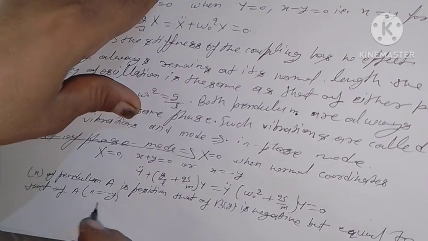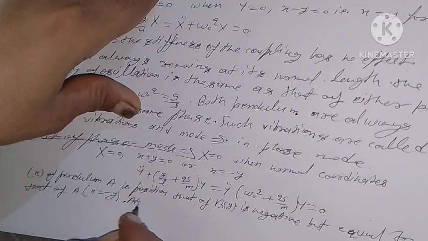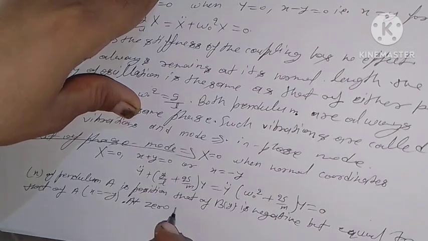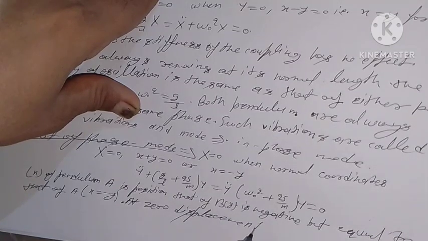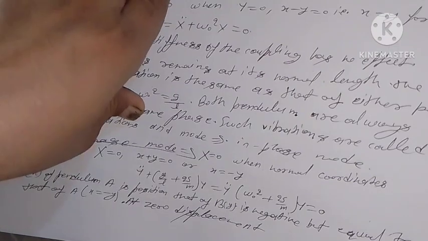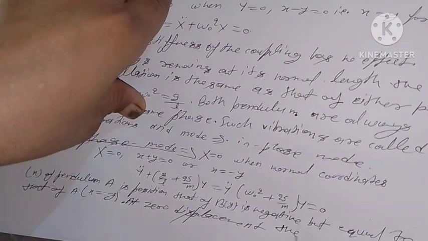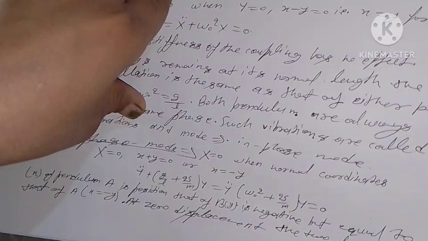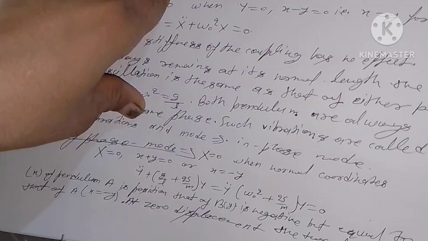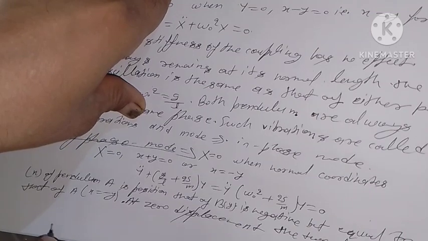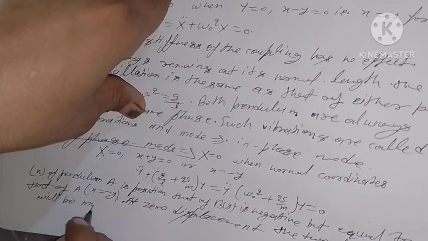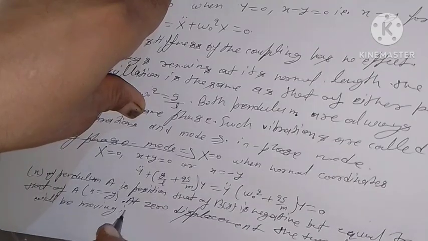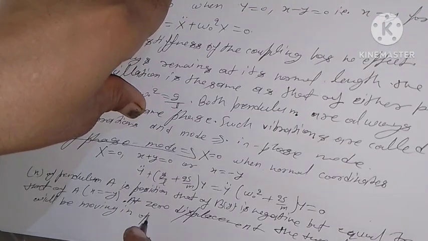At zero displacement, the two pendulums will be moving in opposite directions.